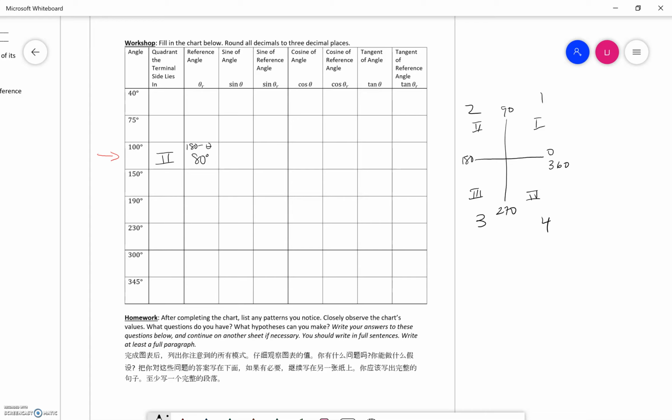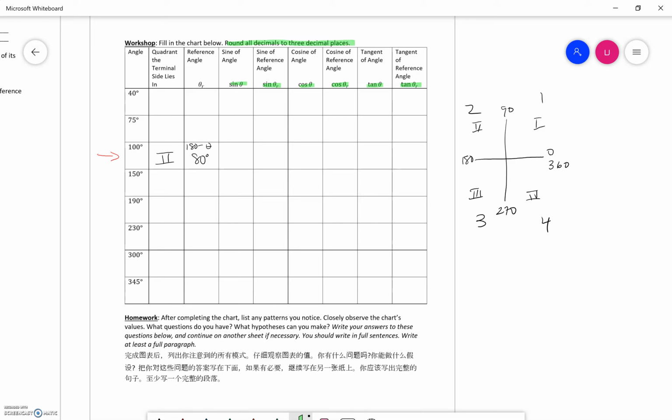Then is where the calculator work comes into play. So we want to find the sine of theta, the sine of our reference angle, cosine of the given angle, cosine of the reference angle, tan of the angle, tan of the reference angle. And we want to find this all to 3 decimal places.